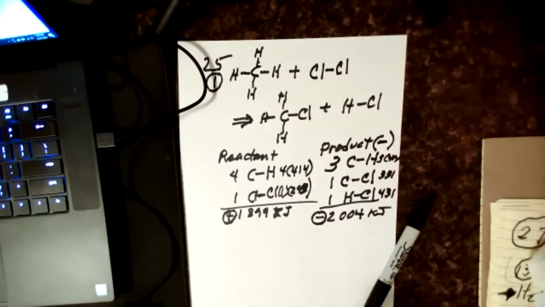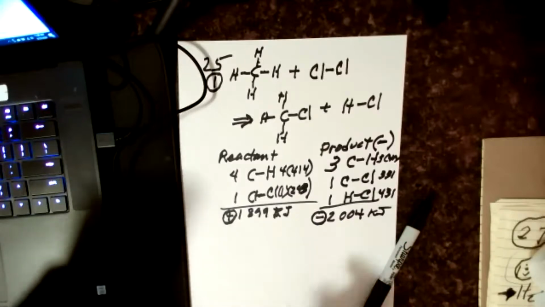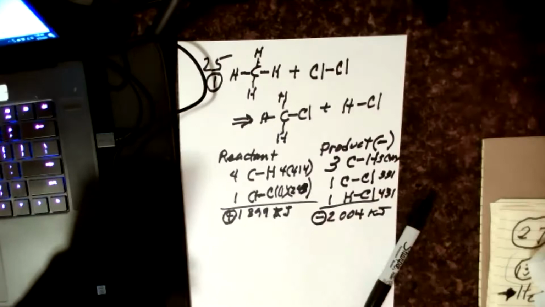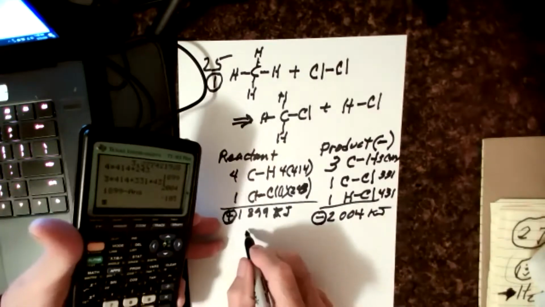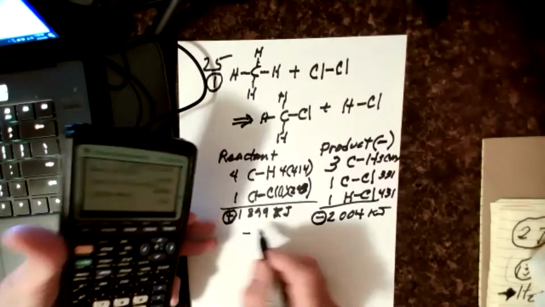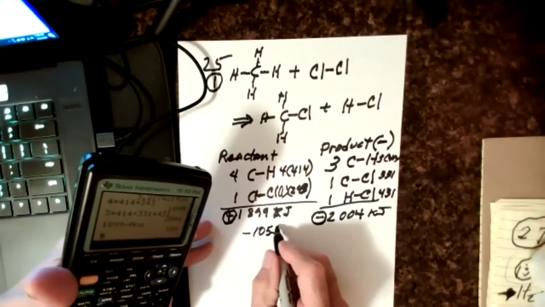Okay, but now back to this. All I got to do now is I've got my 2004 on my screen. I want to take 1899 and subtract the answer that I have on my screen, and I get the energy flow is minus 105 kilojoules.